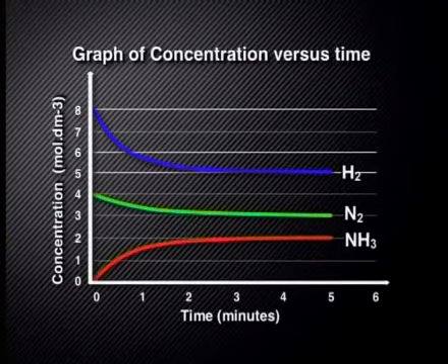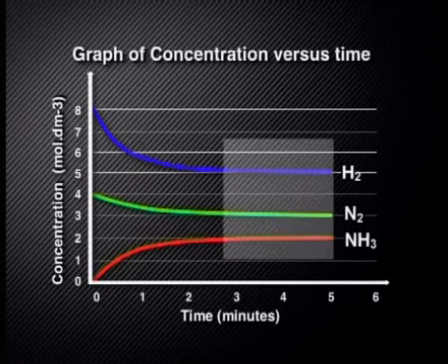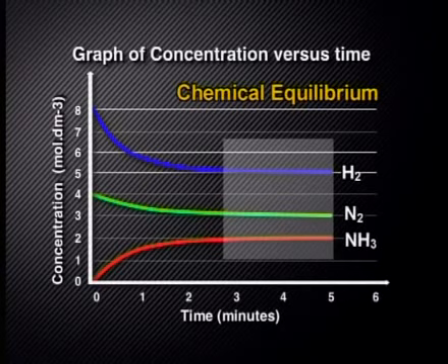Now, let's look at the point where the reactions reach chemical equilibrium. Notice all the graphs become less steep and slowly become parallel horizontal lines. At this point, the concentration of the reactants and products is no longer changing. Chemical equilibrium is established.